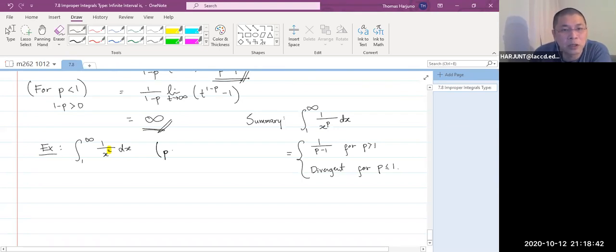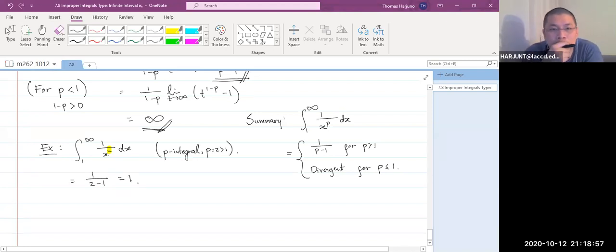That's p integral, p equals 2, which is greater than 1. So this is equal to 1 over 2 minus 1, that's equal to 1. That's convergent. We can even tell the integral.